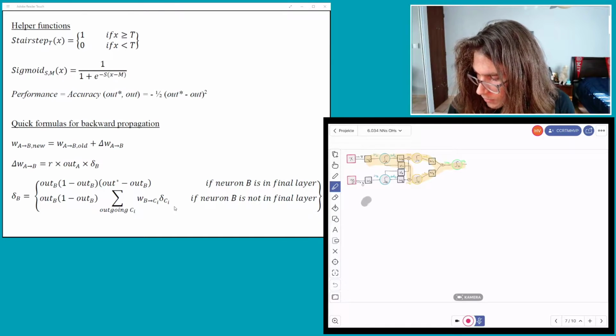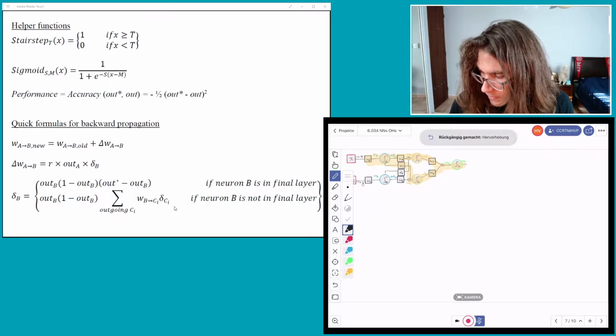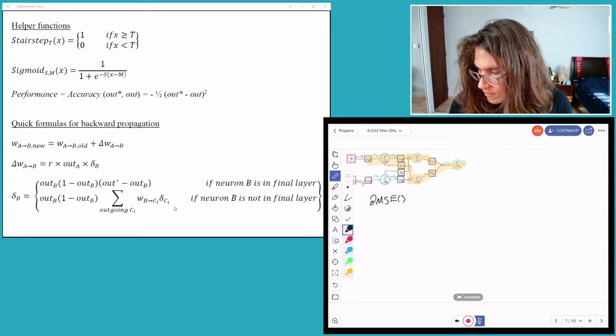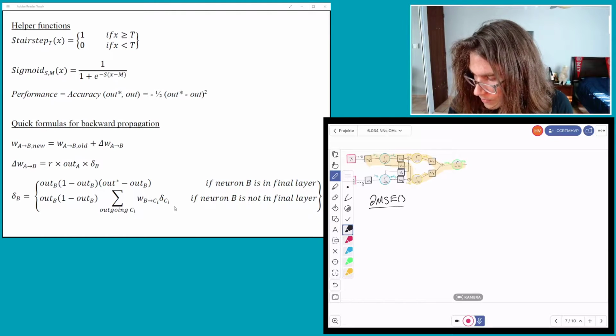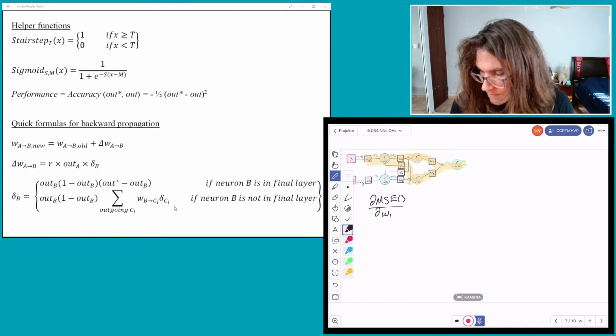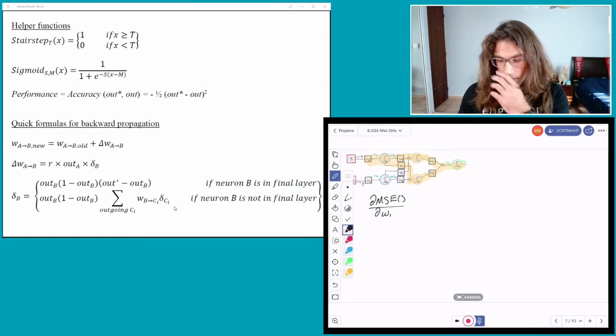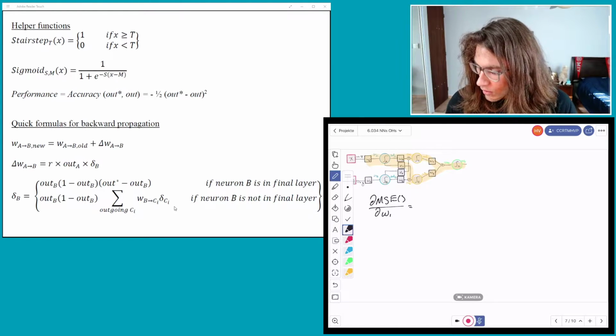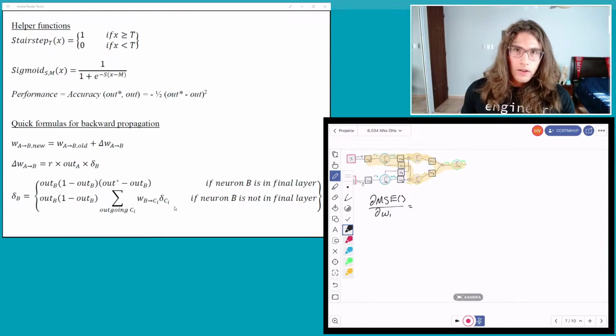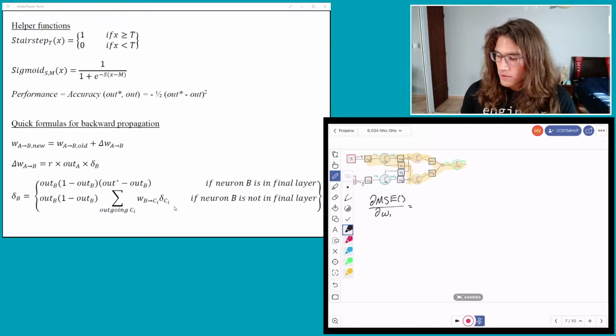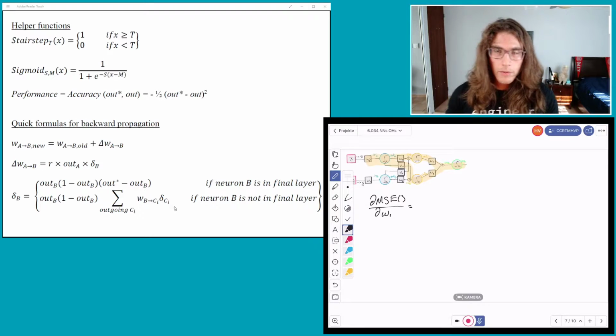Okay, so the partial derivative of the mean squared error with respect to W1. I'm going to take it a little bit more slowly because the chain rule is a notational nightmare.